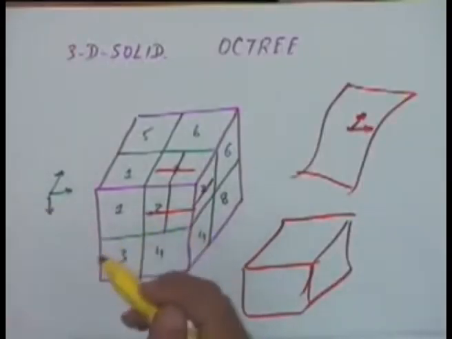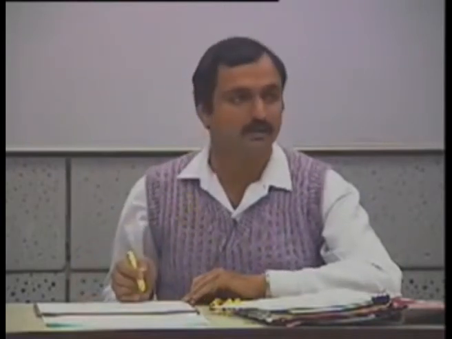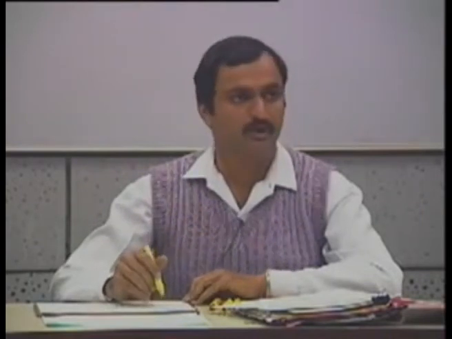Each of these representations, whether it is BREP or a pure CSG or octree, in some situations one is helpful, in some other situations the other is helpful. And quite often one keeps switching from one to the other. You have algorithms available for getting the octree representation of a BREP model, or an octree representation from a CSG model of simple primitives, and the other way around.